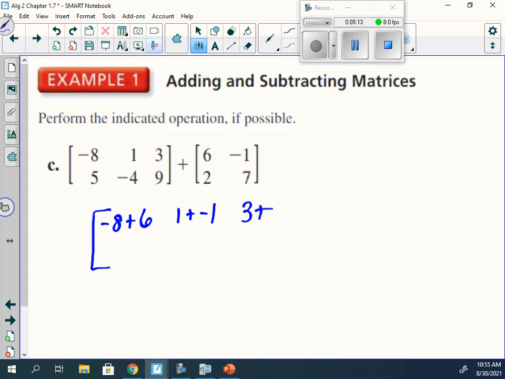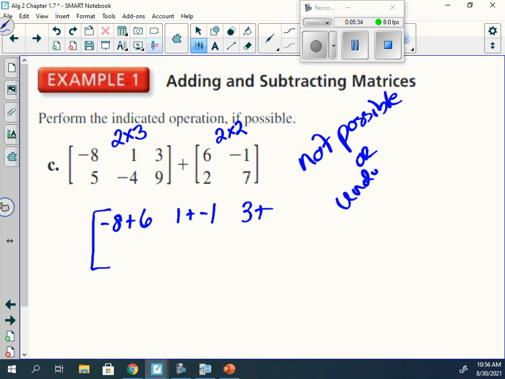Do we have anything? Well, what are the dimensions of the first one? What are the dimensions of the second one? Are the dimensions the same? No. So this here is, we can say, either not possible or undefined.